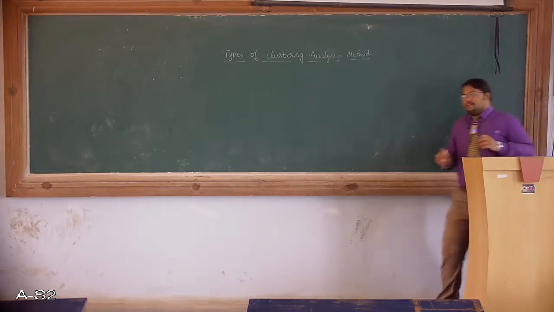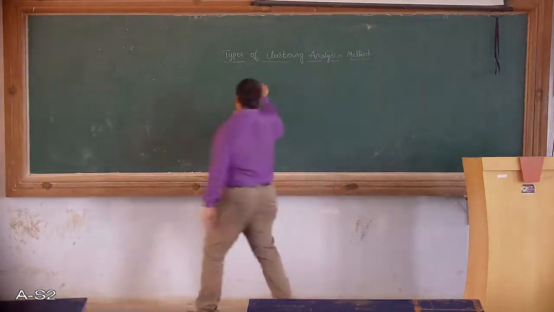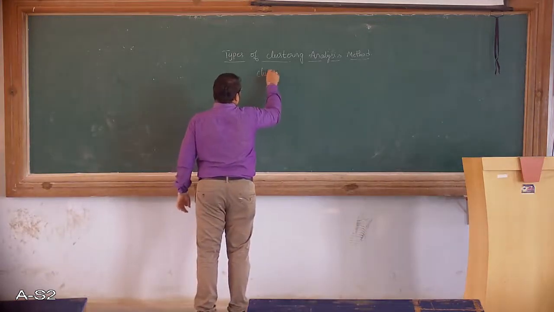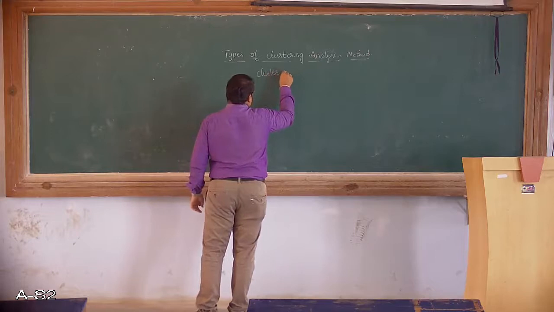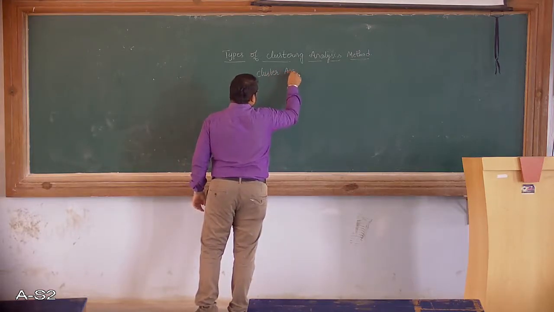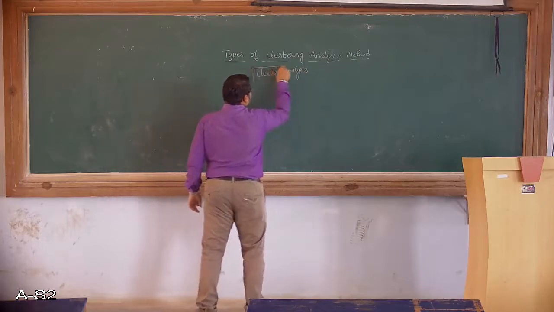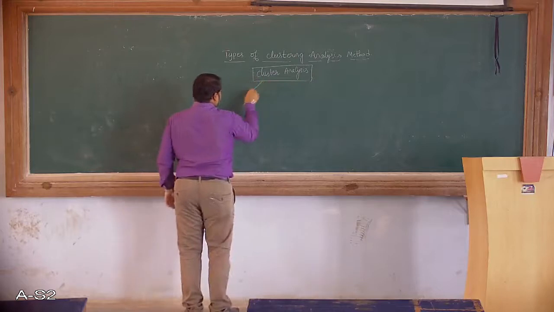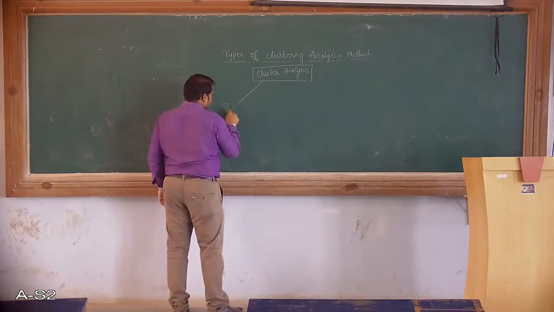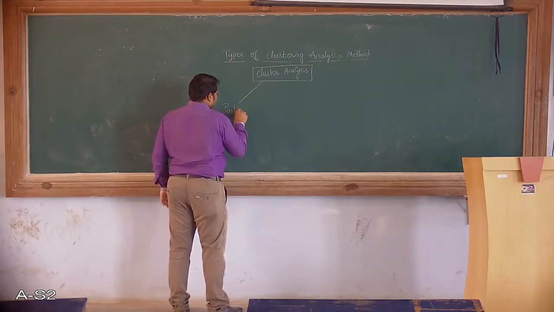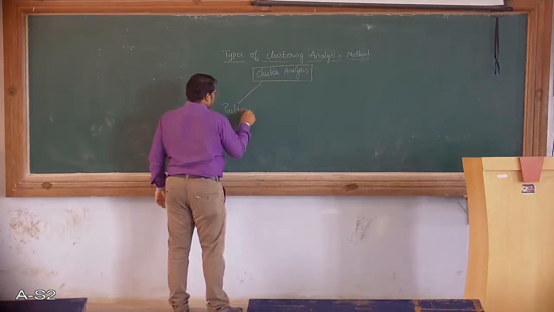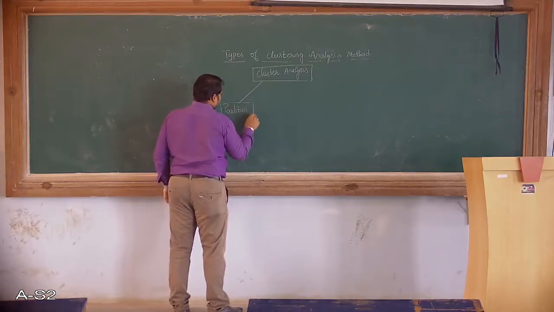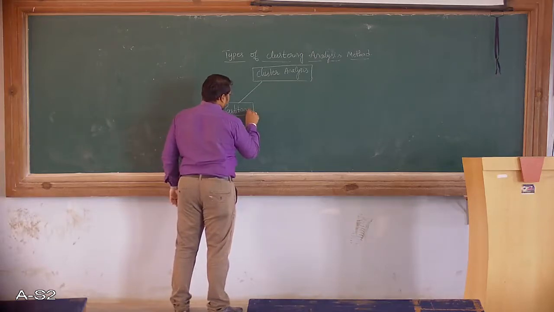So cluster analysis can be divided into four different types. The first one is partition methods, or partitional clustering.